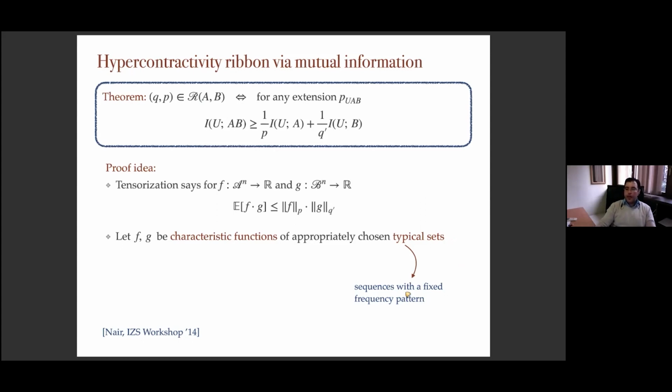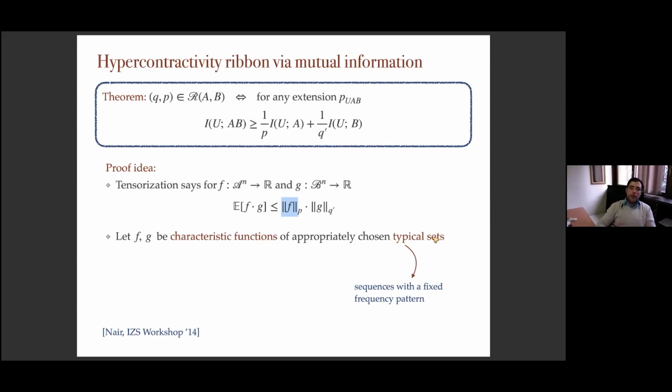Then what happens here? For example, if you compute the norm of p, it would be like the expectation of f to the power of p. f is a 0-1 function, so f to the power of p is just f itself. And the expectation of the characteristic function is the probability of the corresponding set. So what appears is the probability of some typical set.